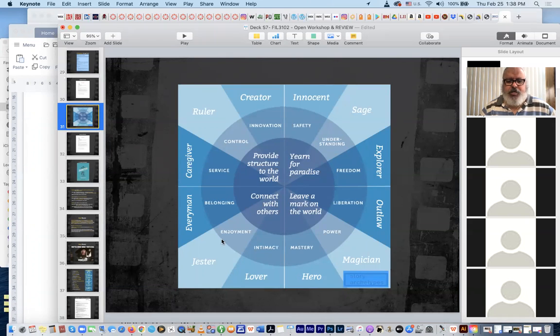And so these are the archetypes that were reflected in your reading. And it's just a good idea to be familiar with these so you can kind of understand where a character might be coming from.